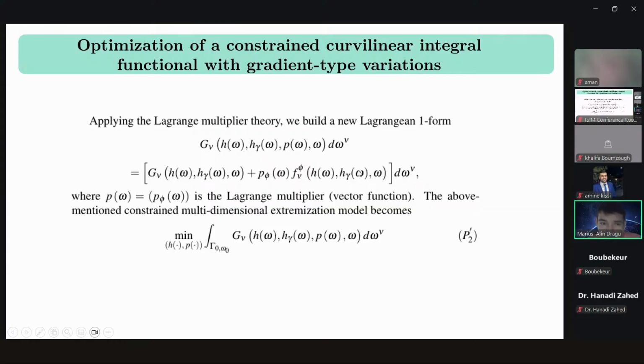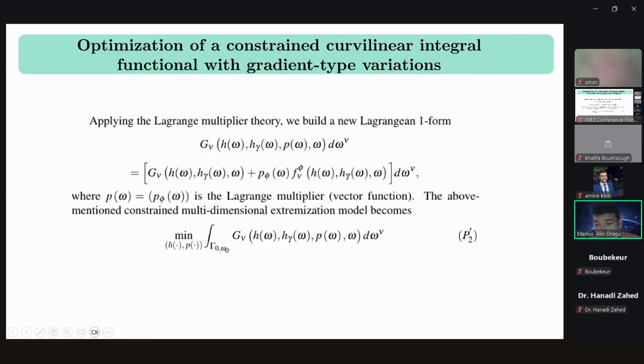To solve this problem, we apply the Lagrange multiplier theory. In this way, we consider the Lagrange multiplier P is a vector function which helps us to create a new Lagrangian composed from the old Lagrangian, and the product of Lagrange multiplier components and partial differential equation constraints.